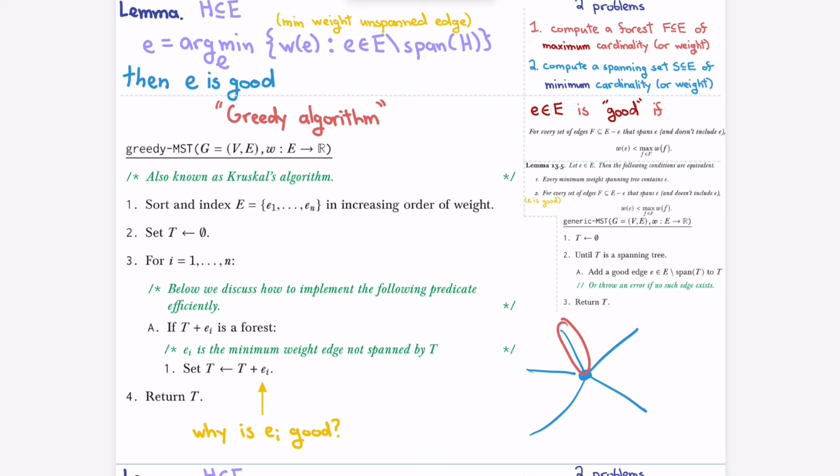But then I would still need to try to argue that the minimum weight edge incident to a vertex is always good. Well, for example, we don't know that there's unique spanning trees or things like this.